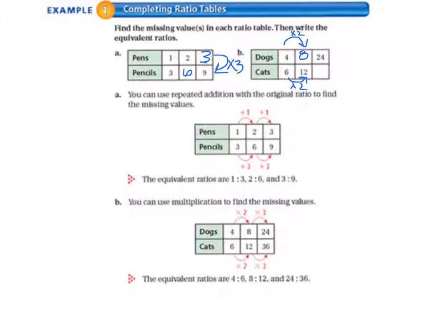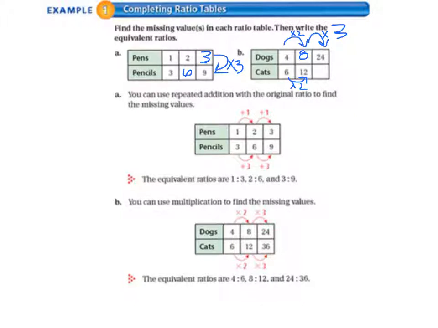And then you have to be careful because 8 times 2 doesn't give us 24. But you need to think about, well, 8 times 3 does give us 24.